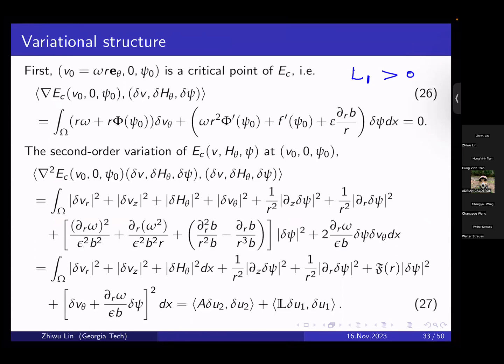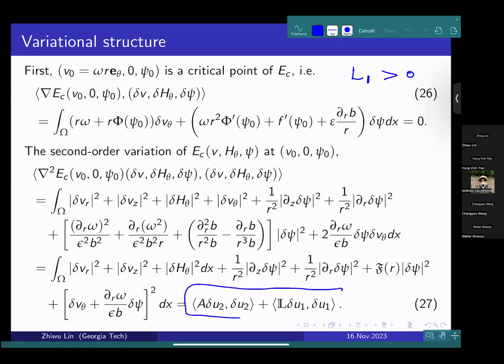Here let's assume it's strictly positive, because if L1 has a 0 eigenvalue, this is sort of the bottom line between stability and instability. So if you assume L1 is strictly positive, then you can hope to prove this second order relation is actually positive definite, right?